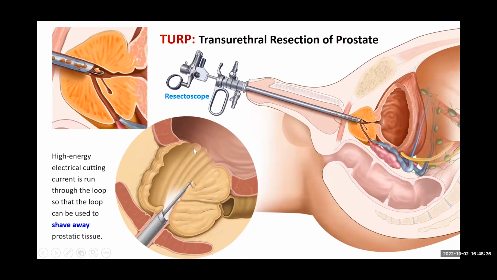So you see the tissue that has been shaved away on this side. This side, it has yet to be done. So this is what TURP is. You get pieces or shaved away portions of the prostate during this surgery, okay? And then you can send them to the pathologist for further evaluation if there is any suspicion of cancer or to rule out cancer, okay?